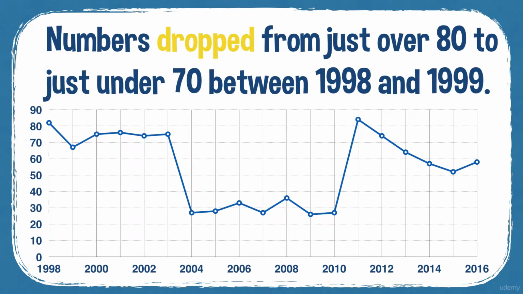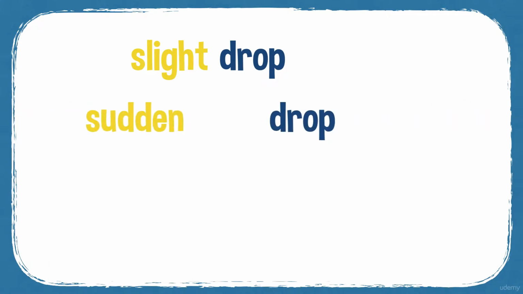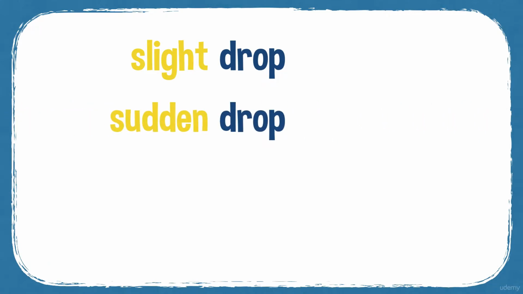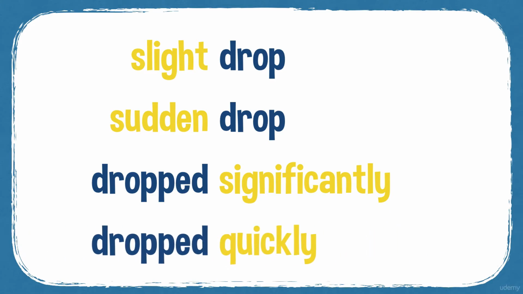Numbers dropped from just over 80 to just under 70 between 1998 and 1999. Because drop is a very general word, you need to use adverbs or adjectives with it most of the time. So a slight drop or a sudden drop. If you're using drop as a noun and as a verb, dropped significantly, dropped quickly.